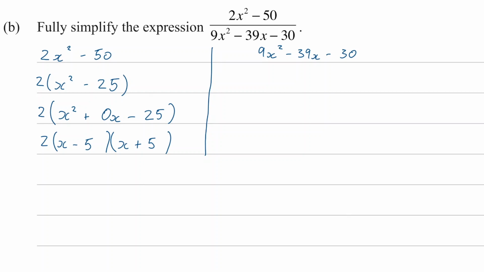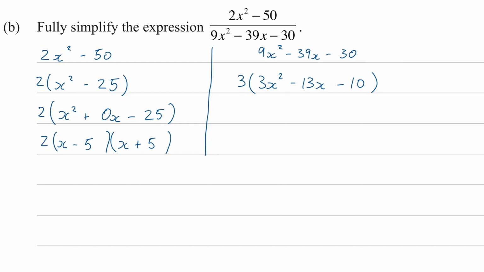So likewise with 9x squared minus 39x minus 30, I see a common factor of 3 between all of those terms. So let's take that out the front. In doing this, we just simplify the problem a bit, right? We don't need to factorize this anymore. We just need to factorize this quadratic inside the brackets.